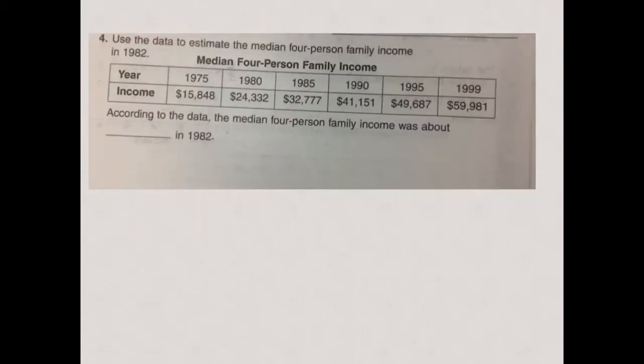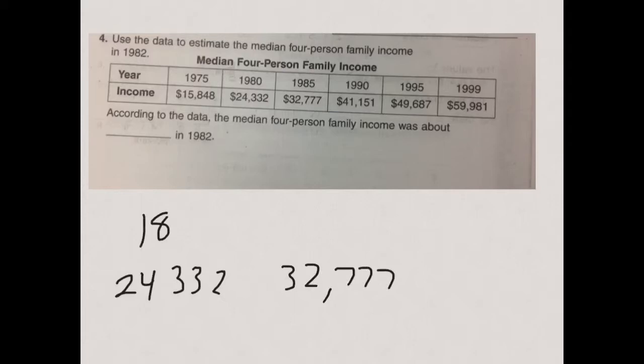And then use the data to estimate the median four-person family income in 1982. So I'm not given 1982, I'm given 1980 to 1985. And I have 24,332, 32,777. That's for 1980, sorry. And 1985.